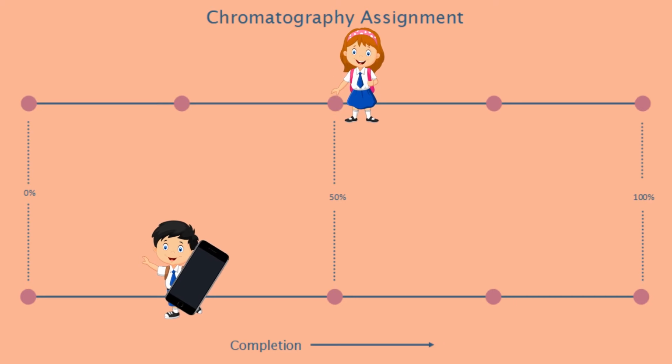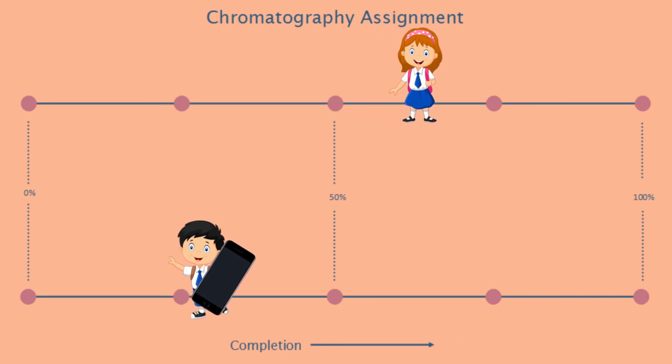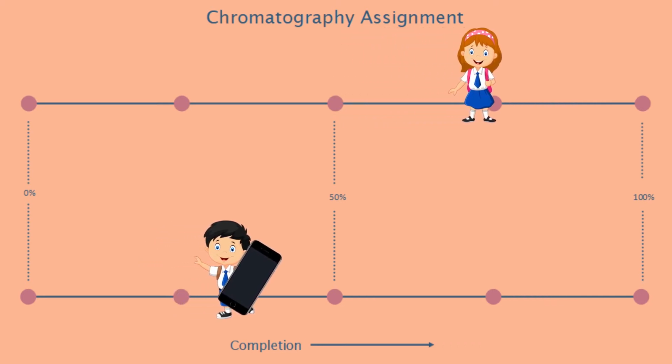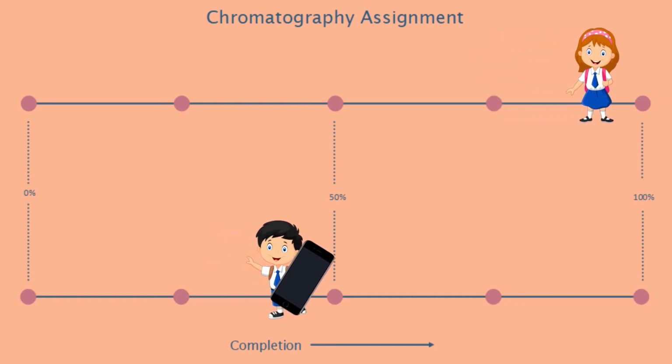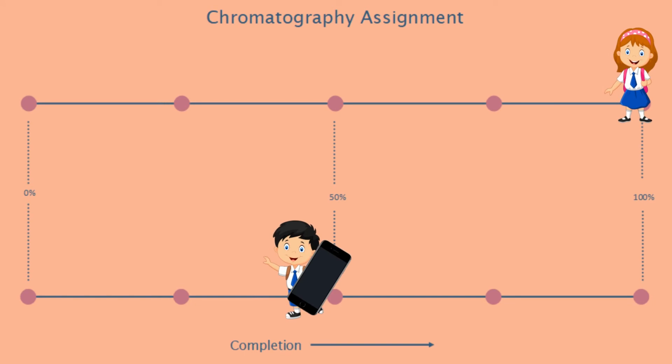As you can see, the student who gets distracted by their phone progresses much slower compared to the motivated student and begins to lag behind in completion. These two students who were originally in identical positions in the beginning have now been separated in terms of completion of their projects. This is a very simple analogy on how chromatography works.